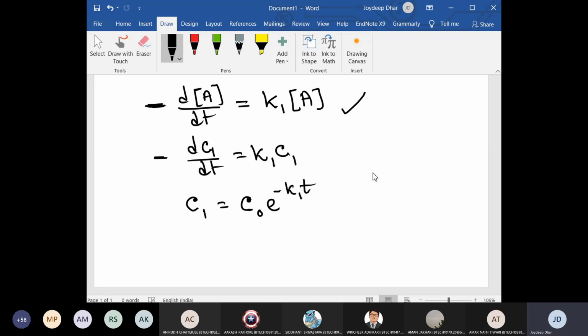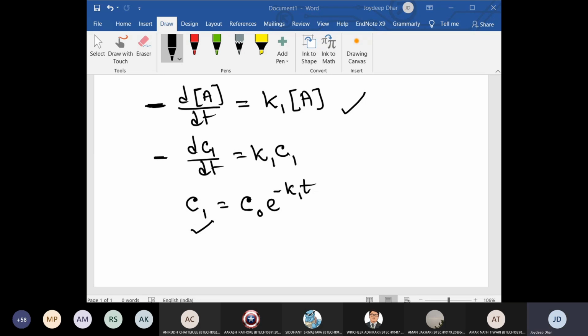Any component following first order rate, at a particular time T its unreacted component C1 will be related to the initial concentration C naught multiplied by e to the power minus K1 into T. So this is the concentration of A at some time T, and C0 is the initial concentration.